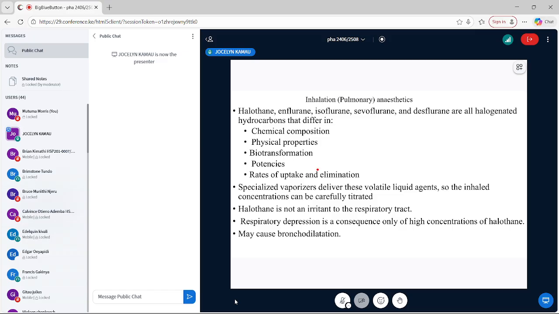So let us start from here. Although we had done this slide, so that the information can flow properly, we can still start from it. We are still looking at the inhalation pulmonary anesthetics, which include the halogenated hydrocarbons, an example being halothane. Like cyclopropane, we said it is highly explosive.